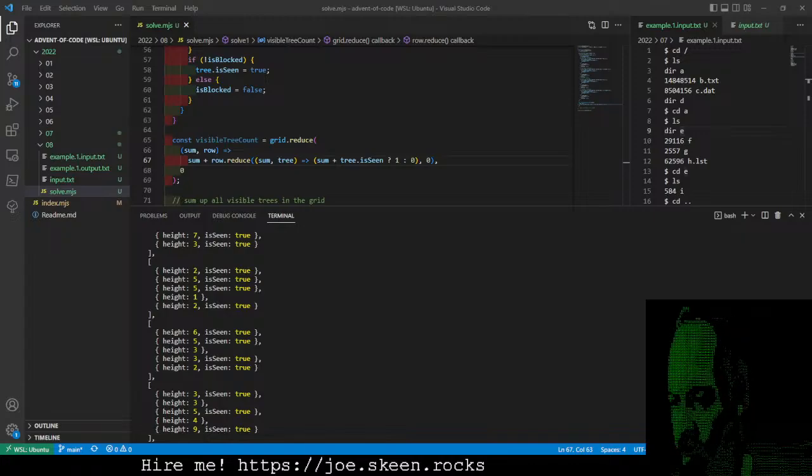Okay, that's weird. Auto formatter. But what I'm doing here is similar to what I've done before for summing things up. Only this time it's 2D, so the outer reduce calls an inner reduce and totals things up.